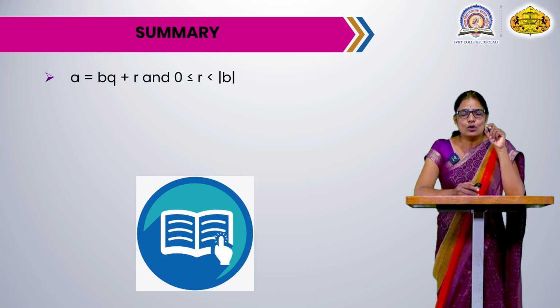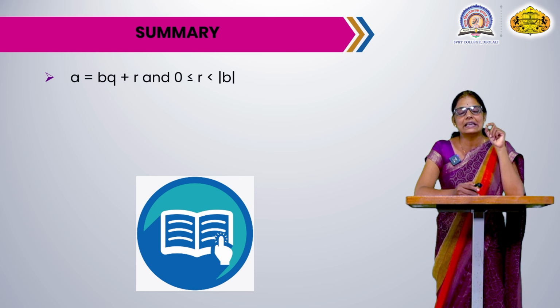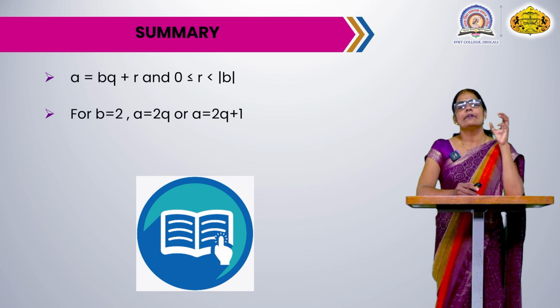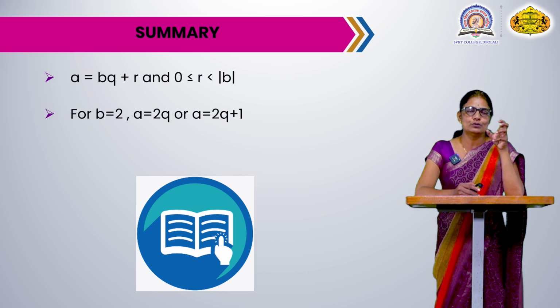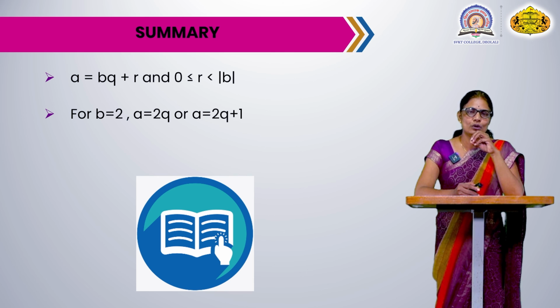So here q is called the quotient and r is called the remainder in the division of a by b. Also, if I apply the division algorithm to two integers a and b, and if we take b equals to 2, then in that case there are only two possible remainders 0 and 1.